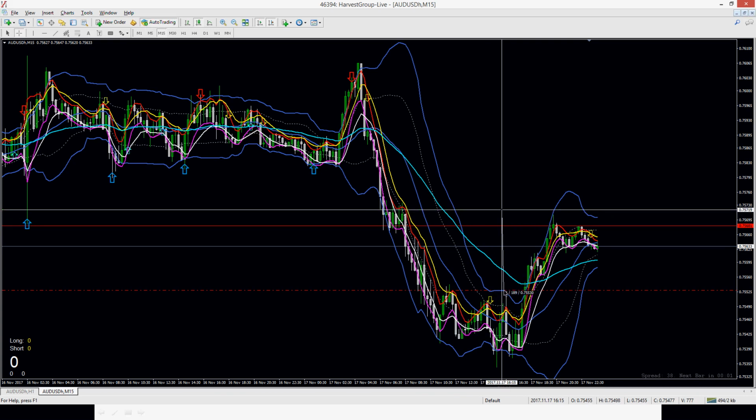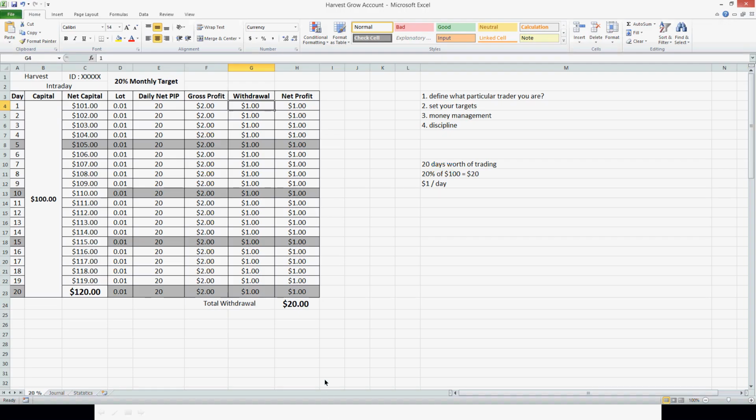Regardless of what happened to the market, you already achieved, sorry, about 19 pips over there. When you achieve 19 pips, you're already at $1.90 on the first day. This is only based on 1 cent lot.